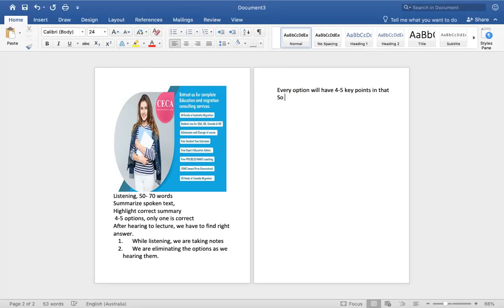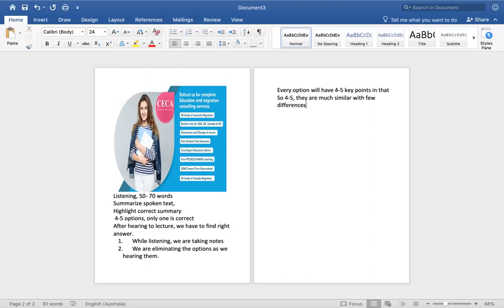The 4 to 5 options you have are much similar, with few differences. That makes it difficult to find the right option. We got 4 options, and obviously they want to confuse us. They want to trick us. So every option will have much similar phrases in it, but yes, with a few differences as well. So basically, those differences are the thing.